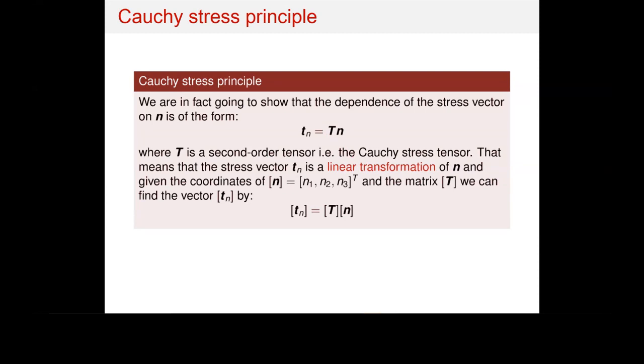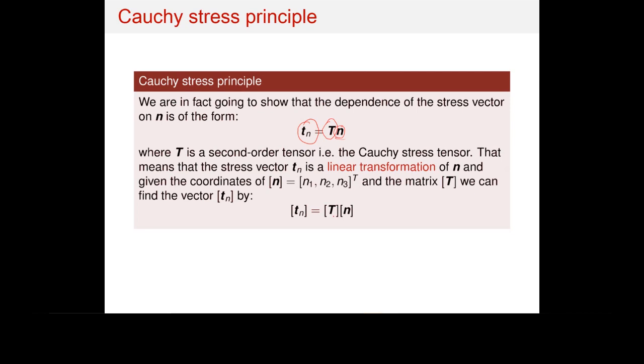Now, the Cauchy stress principle, which I mentioned, would say that the stress vector Tn is equal to the stress tensor T multiplied with the normal direction. So the stress vector is only dependent on the normal direction. This is the only thing that is going to vary, and T is basically the stress tensor at this point.